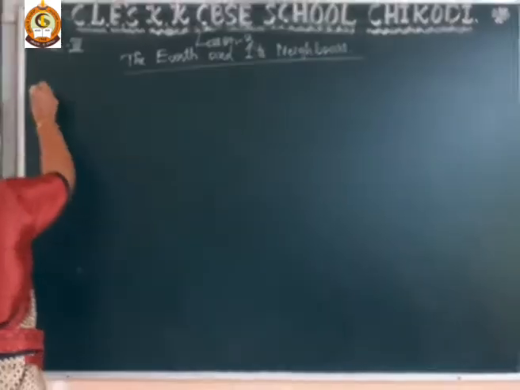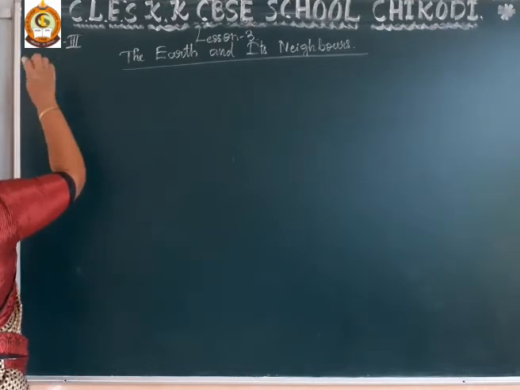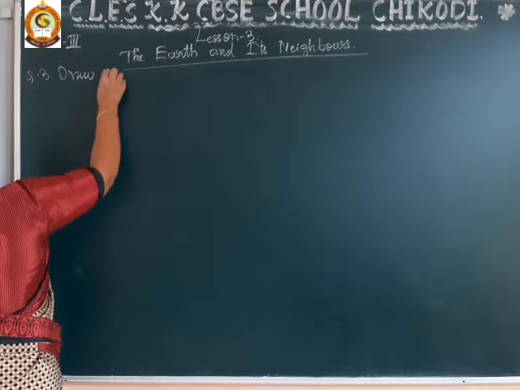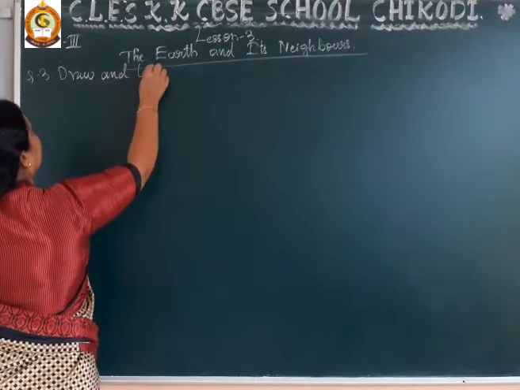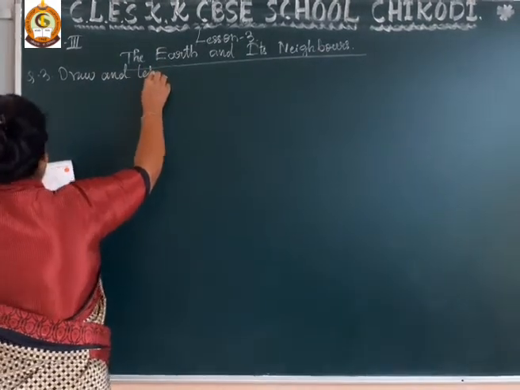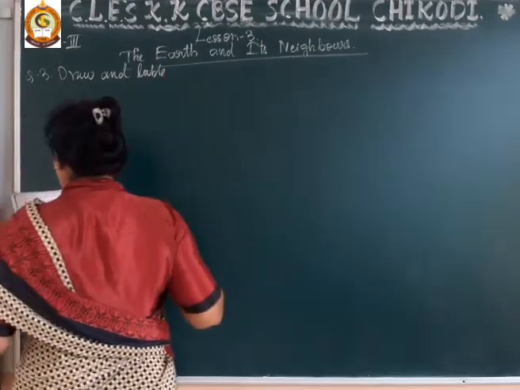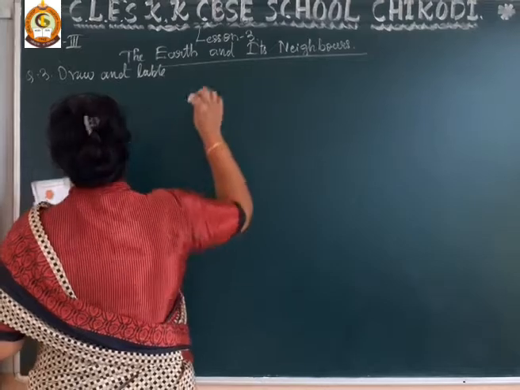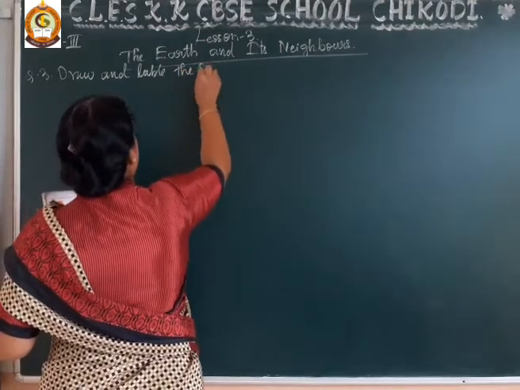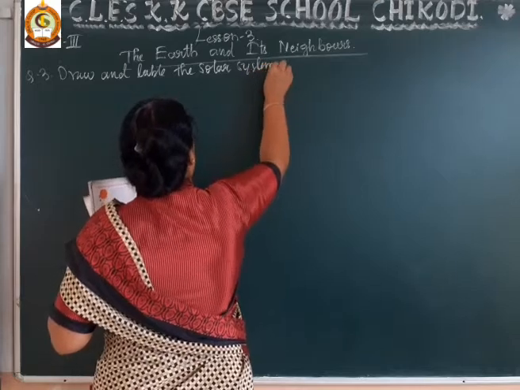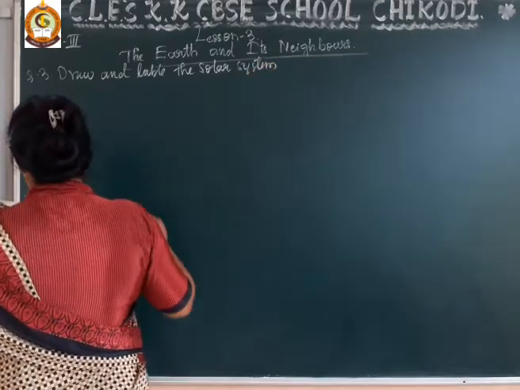So question number 3 is: draw and label the solar system in your notebook.